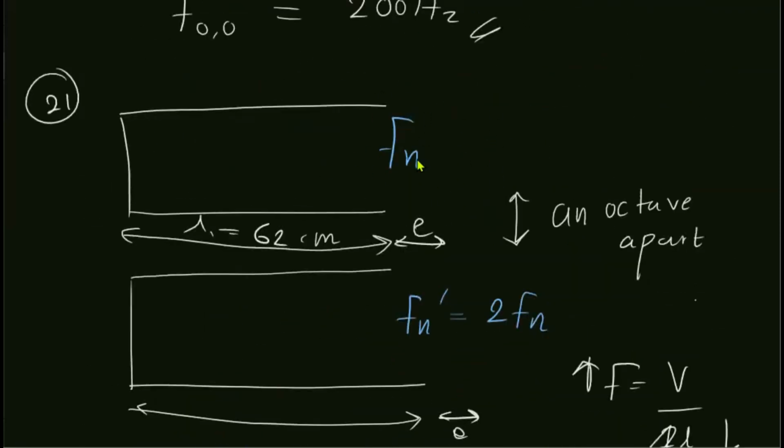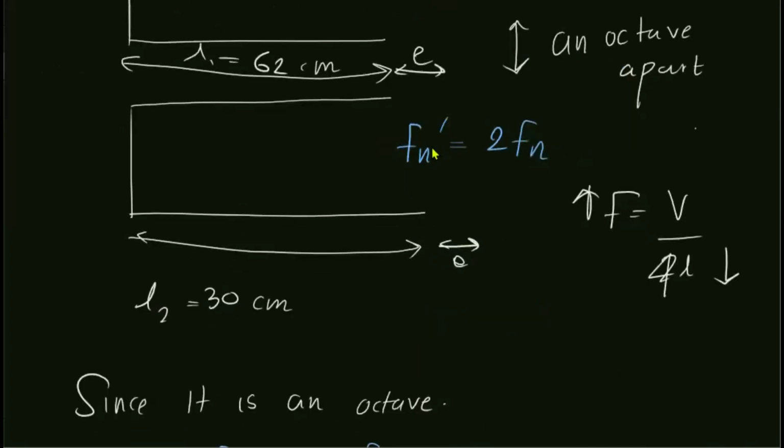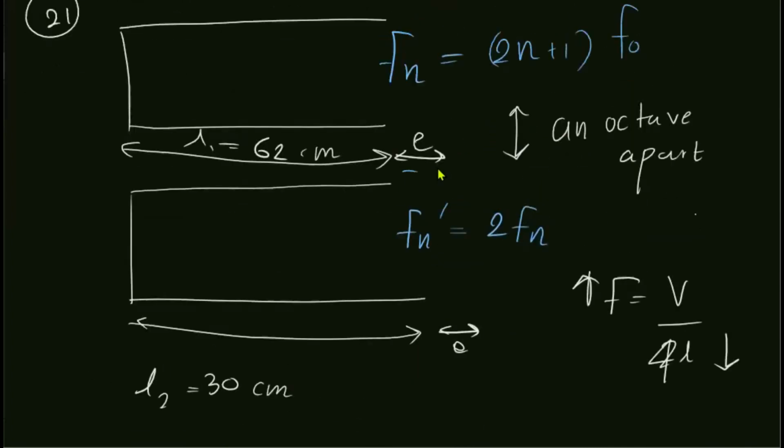So if you assume this has Fn and Fn dash, Fn can be any frequency, right? 2n plus 1 F naught, right? Fn dash can be any frequency too, with 2n plus 1 as the common factor, the common fundamental frequency.